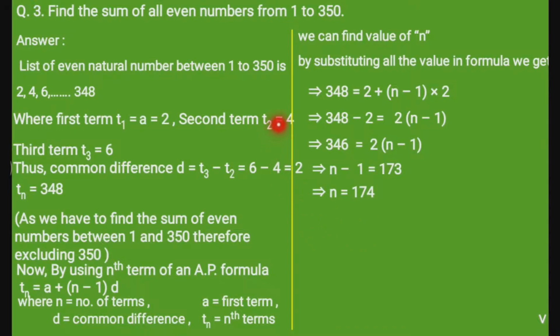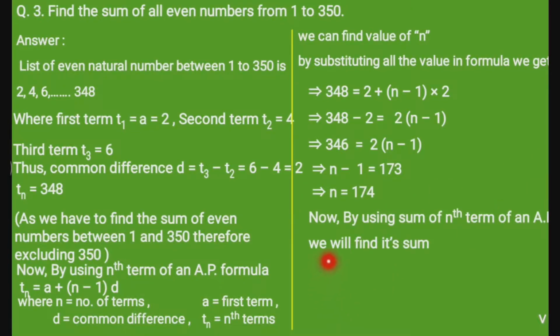We have the value of d, we have the value of a, so we can find Sn. So we write the formula. Now by using the sum of nth terms of an arithmetic progression, we will find its sum. So we write the formula Sn equals to n by 2 (2a plus (n minus 1) into d).